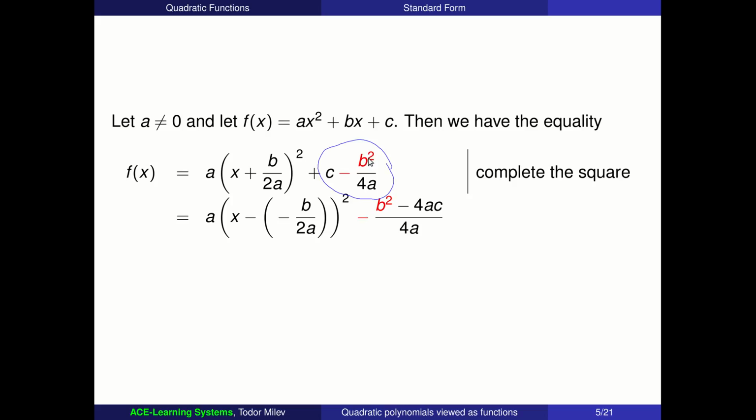Well, minus b squared, I'm going to keep it as minus b squared here, and the number c, I'm going to multiply by 4a and divide by 4a, so in this way I put these two in the common denominator. And the two minuses give me a plus, the plus which stands in front of c. So I can transform c minus b squared over 4a into negative (b squared minus 4ac) over 4a.